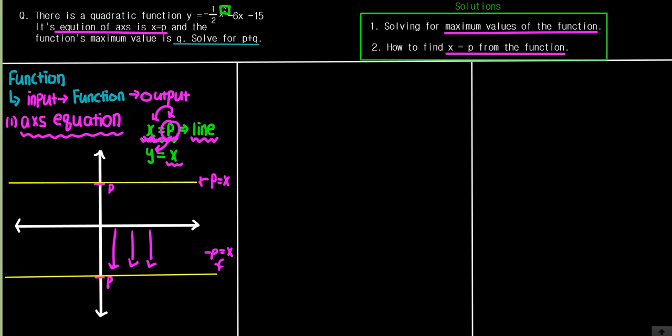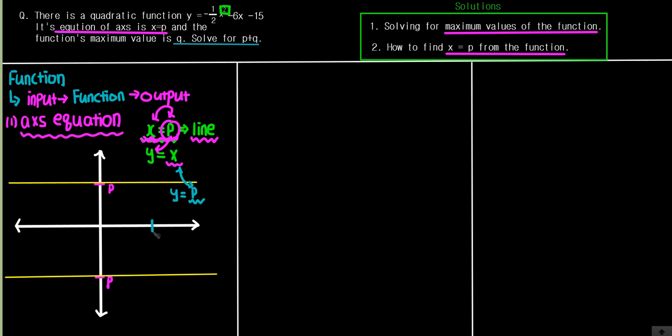Let's think about it in another way, where it's not x equals p. Let's say y equals p. Here, what we did is we replaced x with p, which means the p value is now the y value.